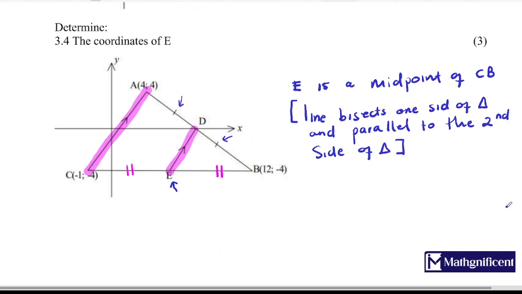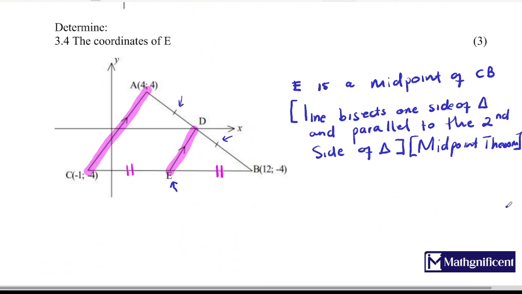So we can say that E is a midpoint of CB because we have a line that bisects one side of a triangle and is parallel to the second side of the triangle. So we know that this is the midpoint theorem, guys.